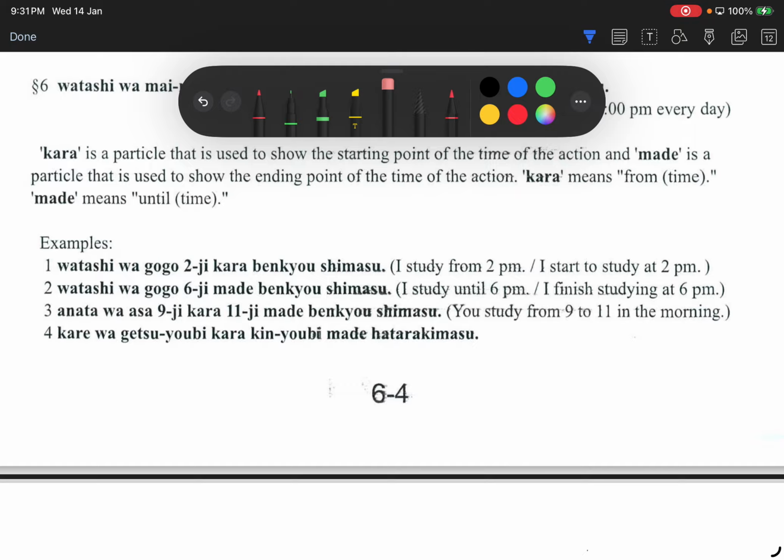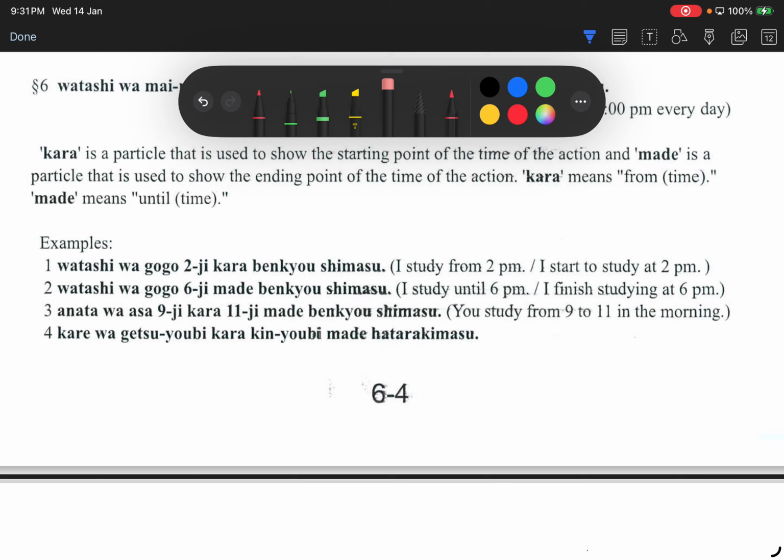They don't use gozen because gozen means AM, but they don't want to say AM, they say morning. So from morning 9 o'clock until 11 o'clock study. That means this is the duration from until, the duration that the person is studying.